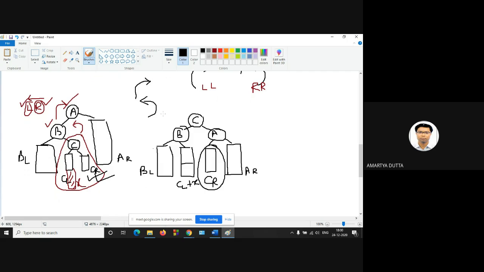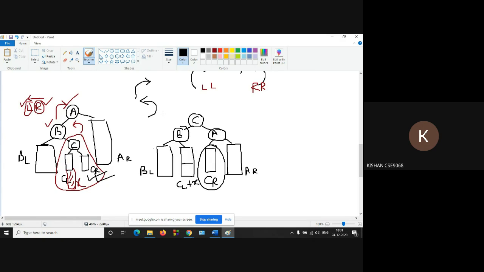Any query regarding this LR rotation? Any query? Does anyone have any query?